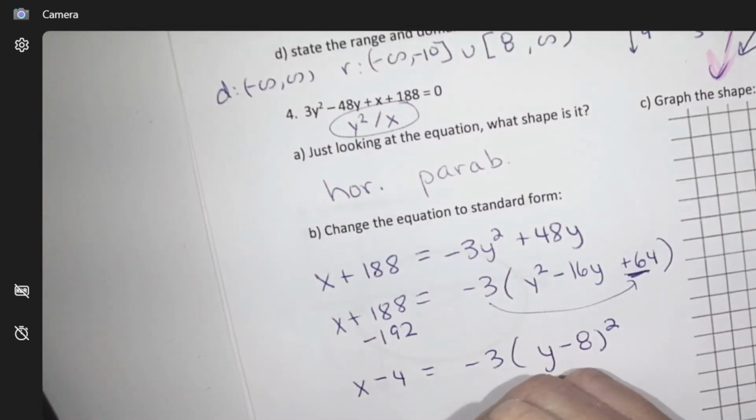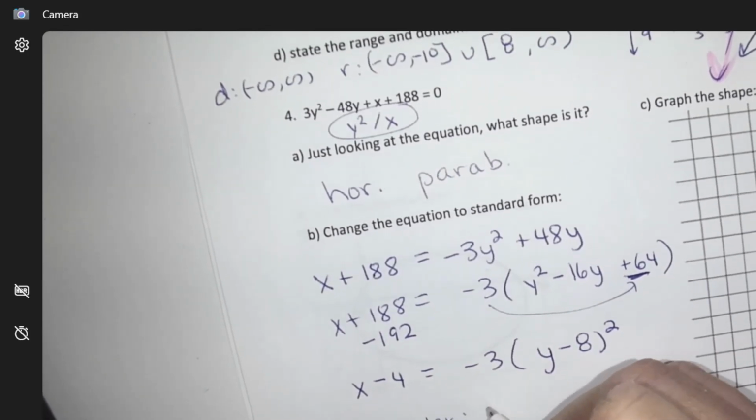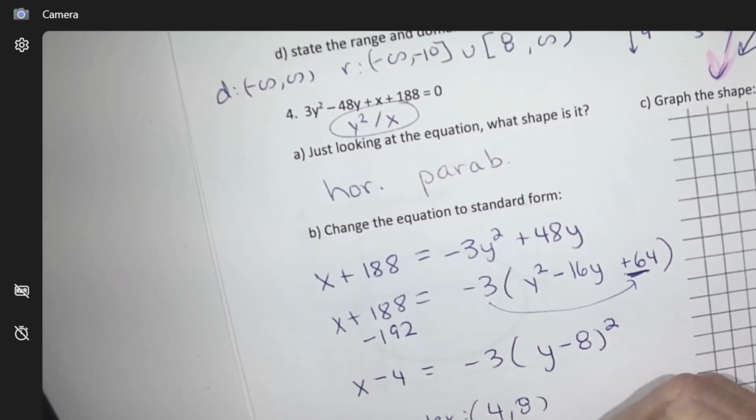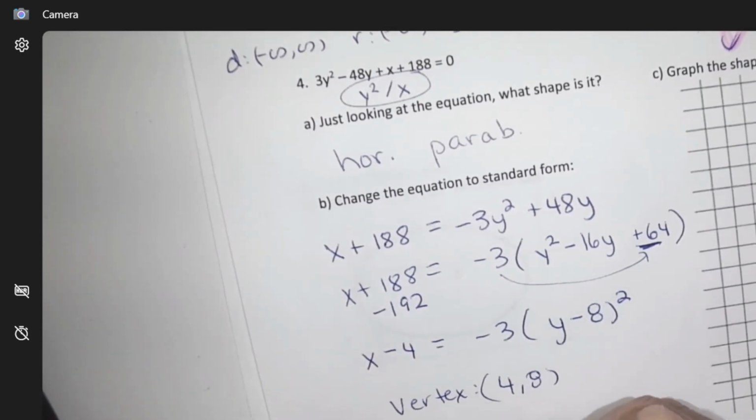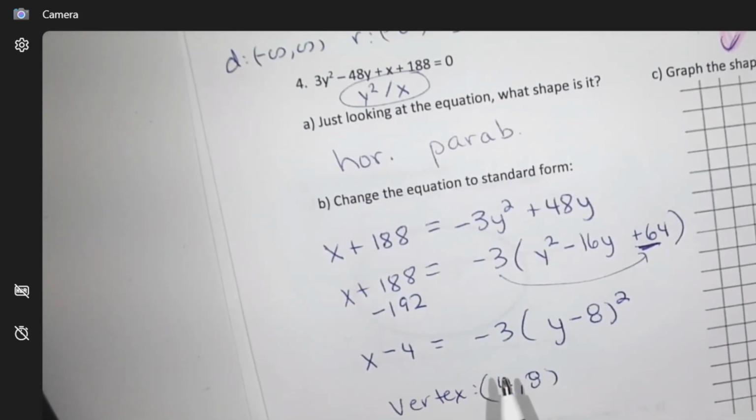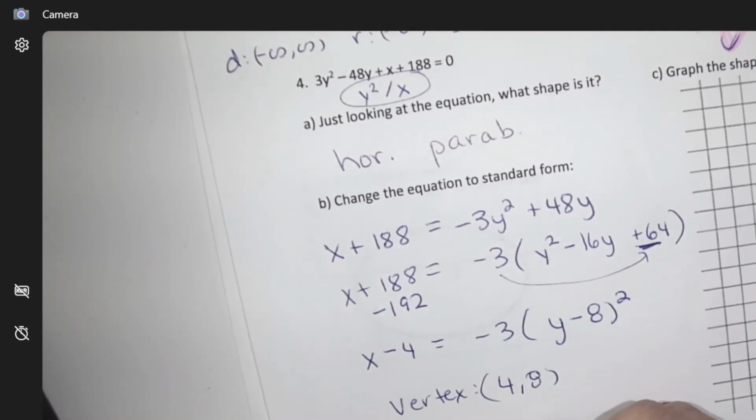Okay, our vertex is the coordinate 4, 8. And I'm going to be heading to the left because there's a -3 slope number. So what should my first move be if my slope is -3?